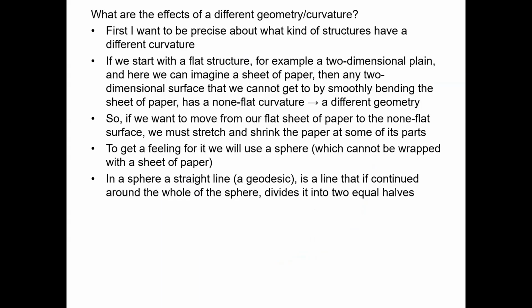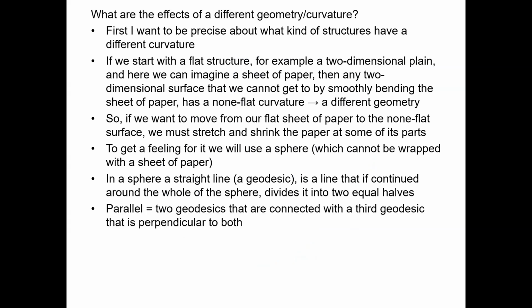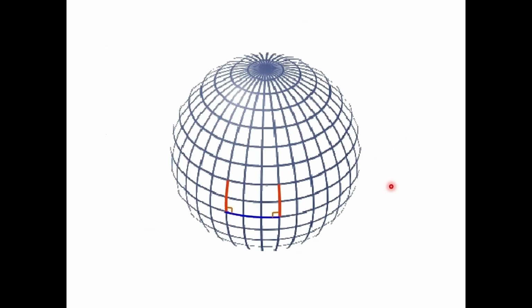Loosely speaking, in the sphere geometry, parallel means two geodesics that are connected with a third geodesic that is perpendicular to both of them. Here again we have our sphere, and here we have two geodesics, these two red lines.